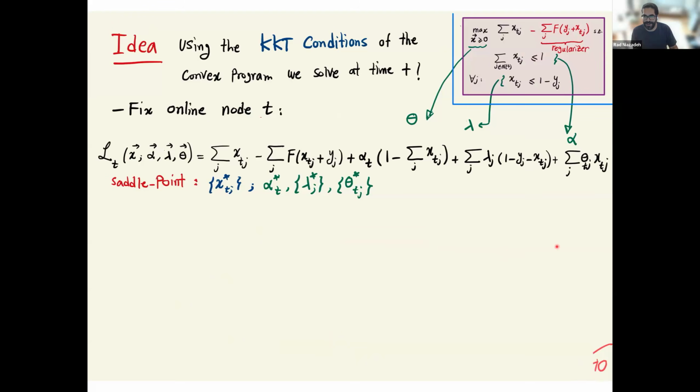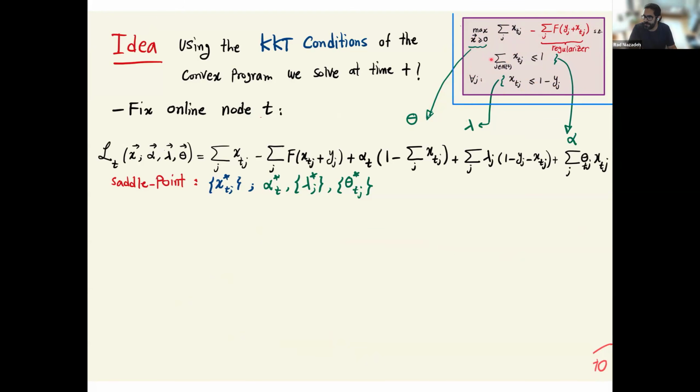On the top right, you see the convex program that we use for our algorithm, which is basically the LP for greedy plus some regularizer term. Now I'm going to try to write down the KKT conditions for this convex program to see what happens. I assume that everyone is familiar, but just to refresh your mind and also do the algebra correctly, I'm going to assign the dual variables theta for the constraint that x is greater than or equal to 0.